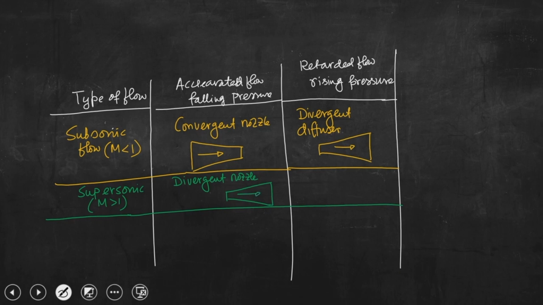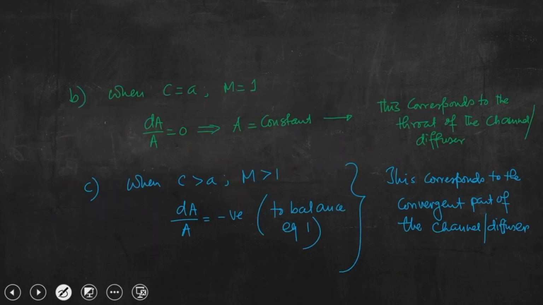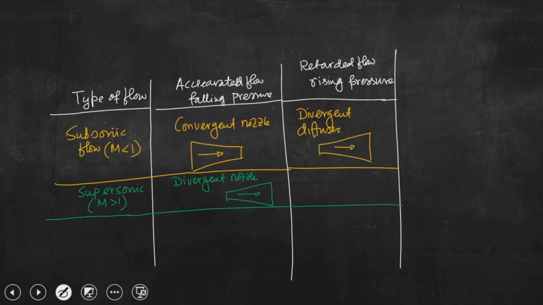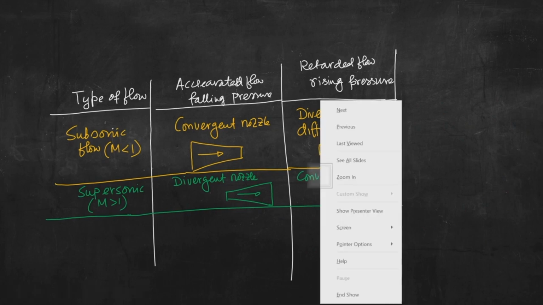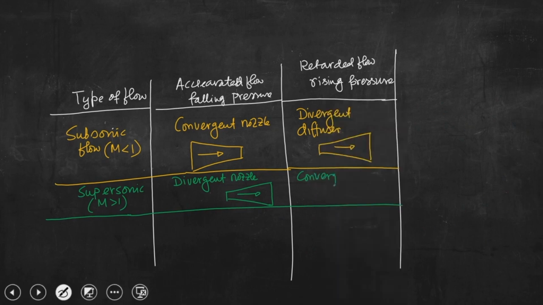And when the flow is supersonic, pertaining to retarded flow, we have seen that this is the convergent part of the channel or diffuser. So, this would be convergent diffuser and the shape would be like this. So, this is the flow direction.